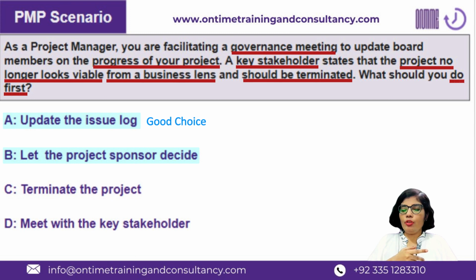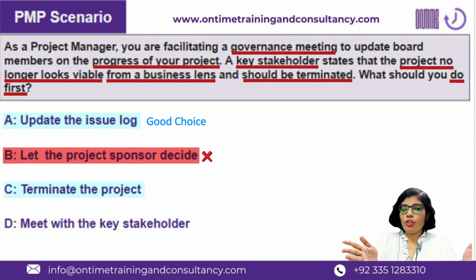However, like I said, there's going to be a process for it. Just because this opinion popped up in a meeting would not warrant that the project manager continue with that. So B is going to be the ultimate last step in the process, if this viewpoint is 100% valid. Eventually, the project termination or closure is decided by the project sponsor. We know this. However, as the first step, this is not the right thing. So B is not the first thing to do and is out of the option list.